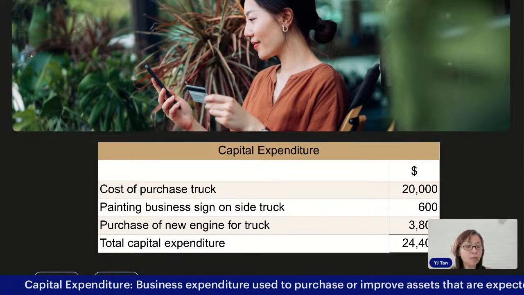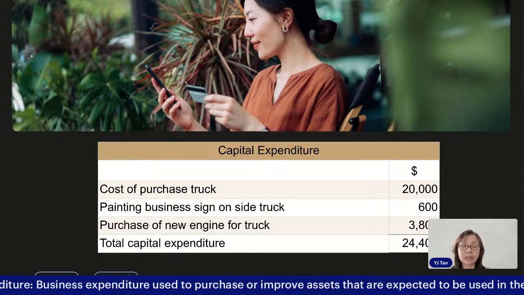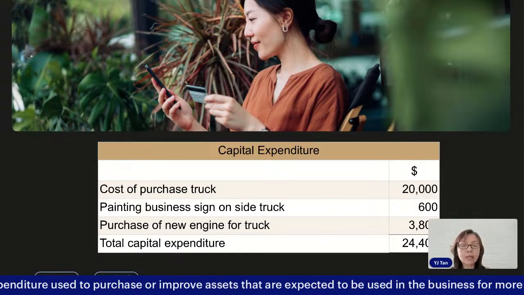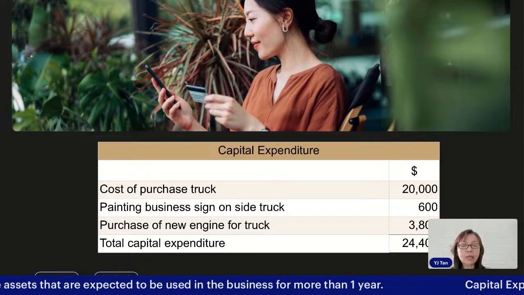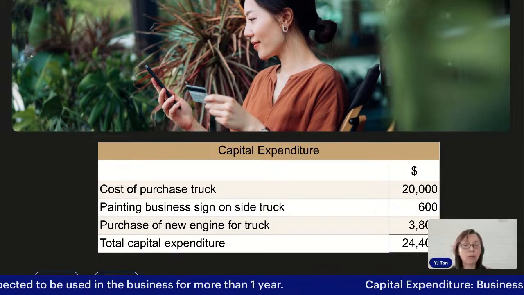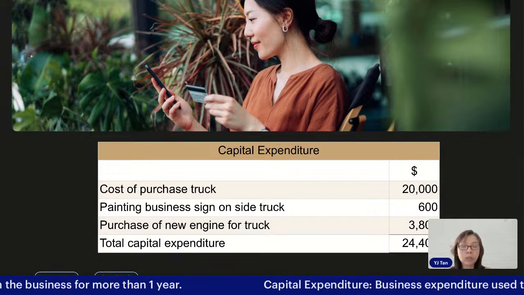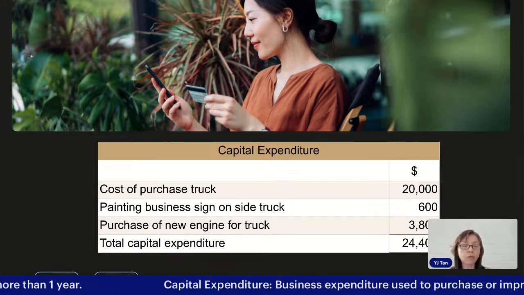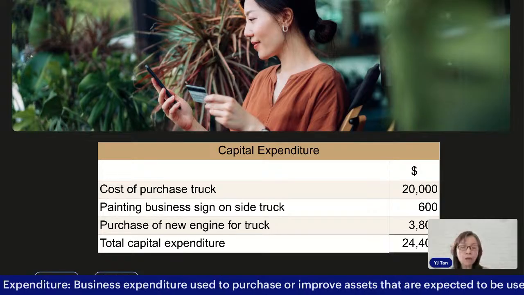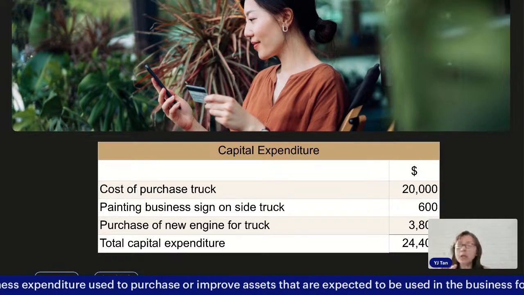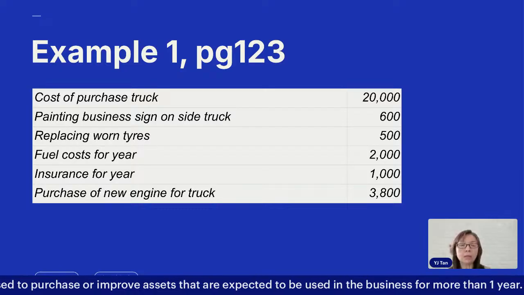And the other thing is you purchase a new engine, 3,800, which will last for quite long as well. So the total capital expenditure of 24,400 will be classified under assets. It will not be recorded in the profit and loss, which is the income statement, as an expense.